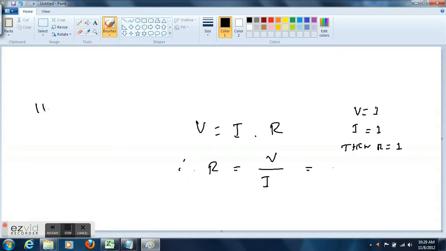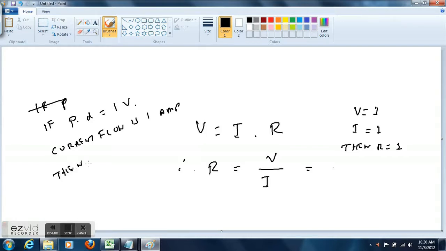That means in a conductor, if the potential difference is 1 volt and the current flow is 1 ampere, then the resistance of that conductor is called 1 ohm. So for a conductor having a potential difference of 1 volt and a current flow of 1 ampere, the resistance of the conductor is called 1 ohm. This is the definition of 1 ohm.